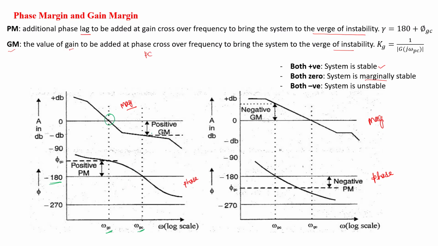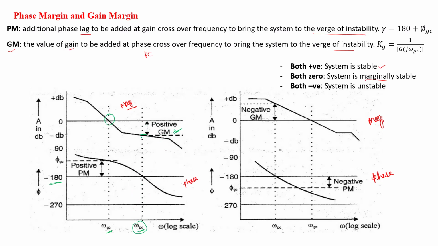Now, you see the gap here between 0 dB and the plot. When we talk about the gain margin, be careful: we are considering the phase crossover frequency.